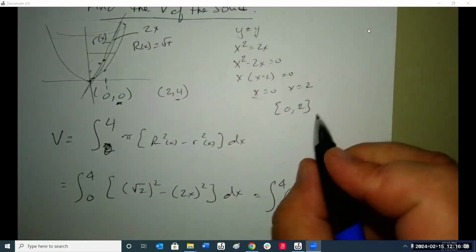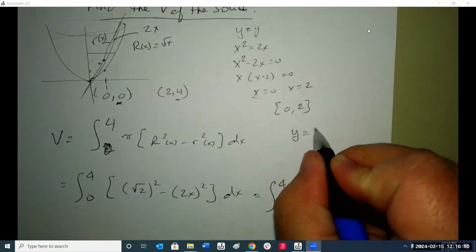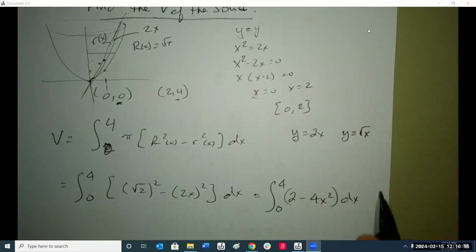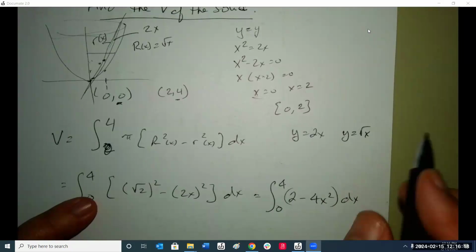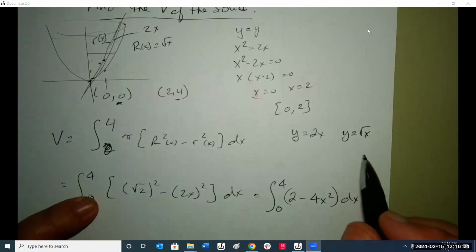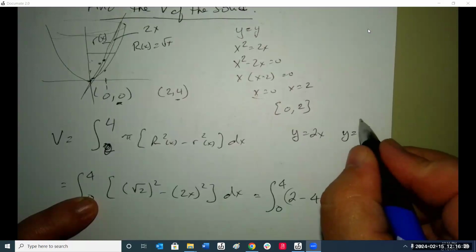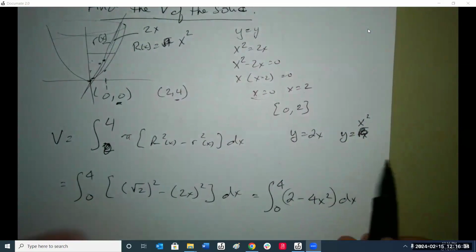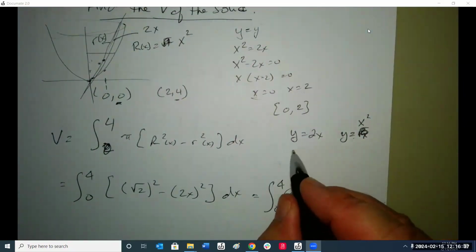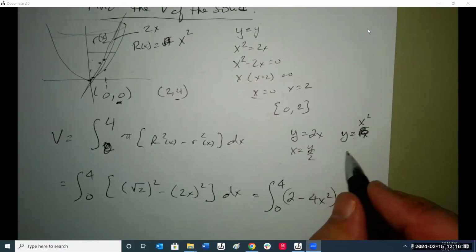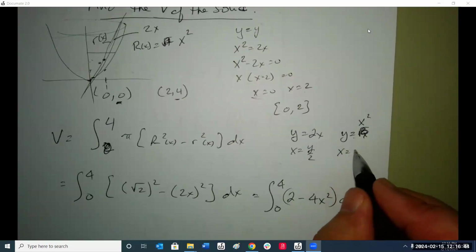Oh, nope. Well, because we have y equals 2x and y equals square root of x. Since we're rotating about the y-axis, it's y equals x squared. So we have to solve for x. So x is equal to y over 2, and then x is equal to square root of y.